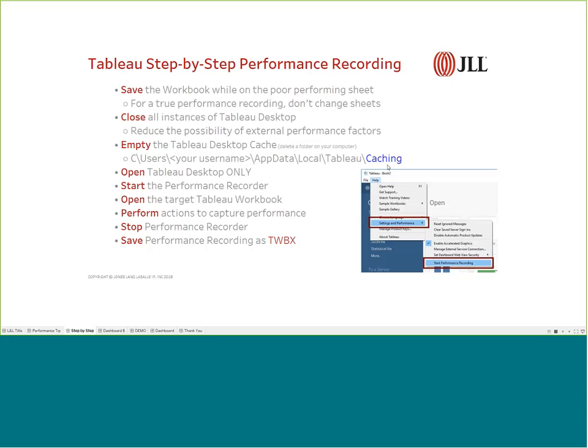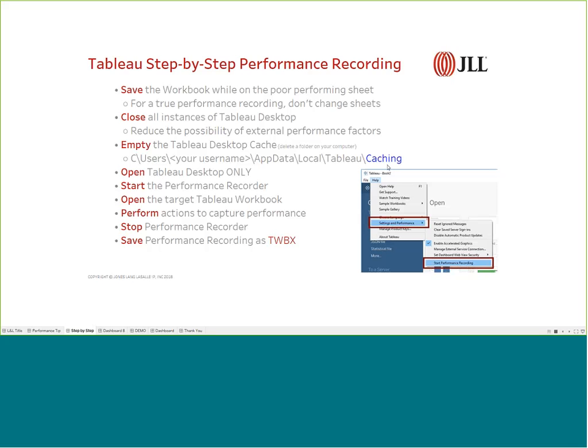And we're going to actually perform these steps, okay, in the demo, all of them. Okay, so the next step is open Tableau Desktop only. Now, the reason that only is in caps is because when you're doing the performance recording, I do not recommend that you try to do a performance recording by double-clicking the workbook that you want to record the performance for. Why?